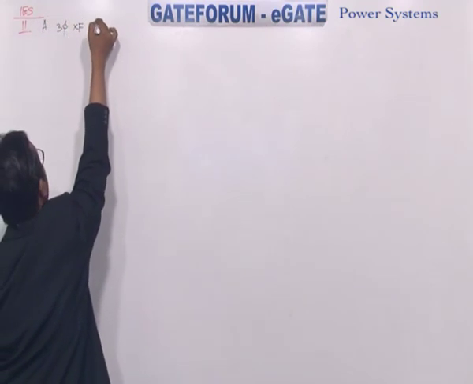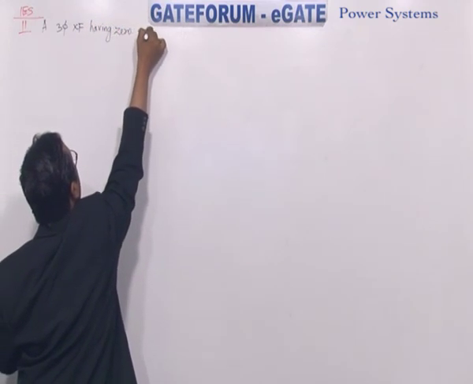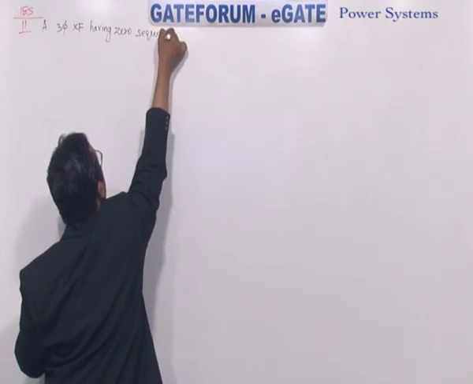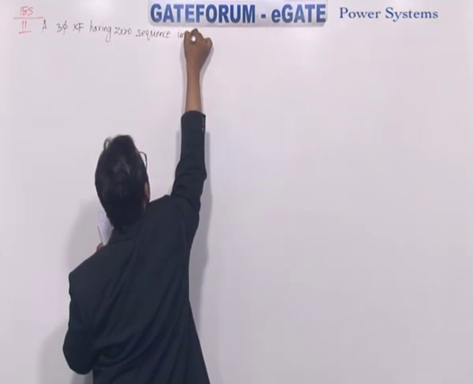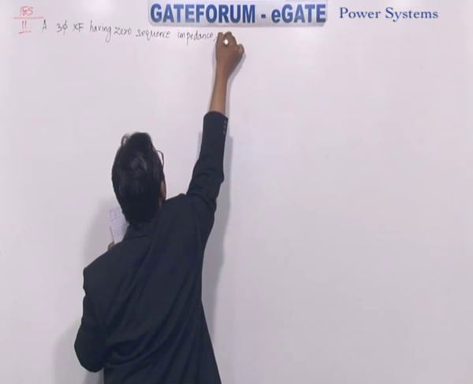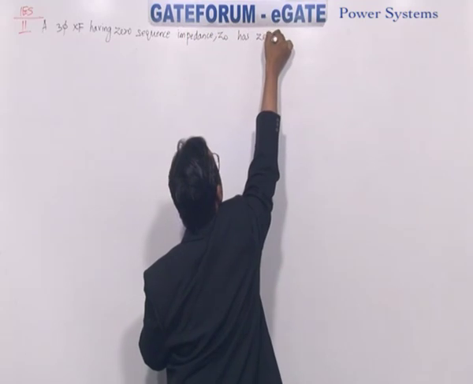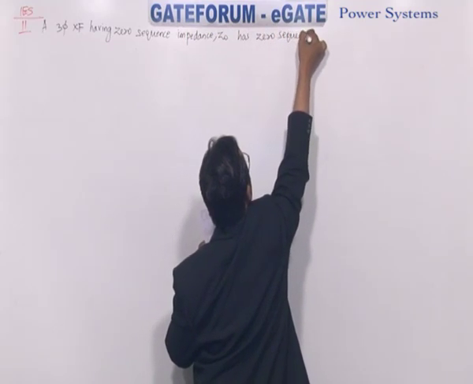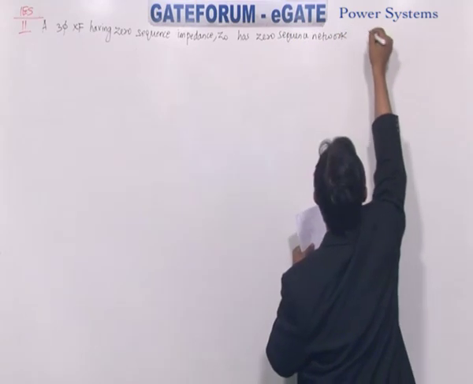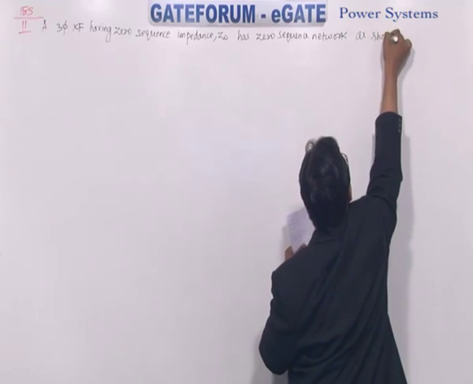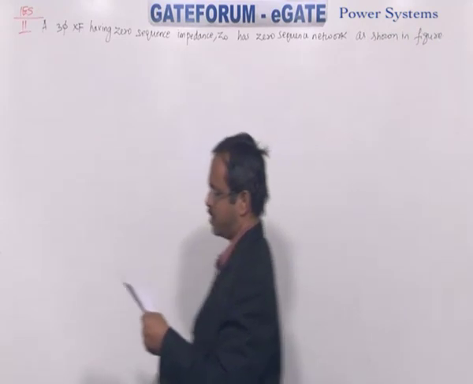A 3-phase transformer having zero sequence impedance Z0 has zero sequence network as shown in the figure.